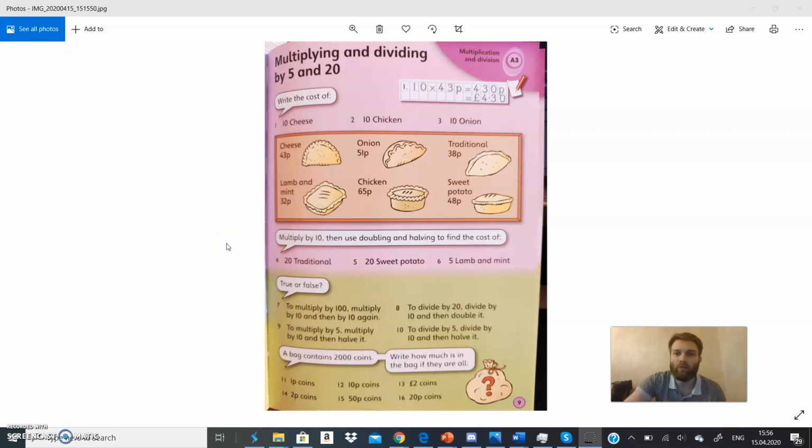Now, you can find the amount for 20 or 5 by doing some doubling and halving. So if I want to know what 20 cheese would cost, for example, I could multiply by 10 and then double it because 20 is double 10. So 430 is 10 cheeses.